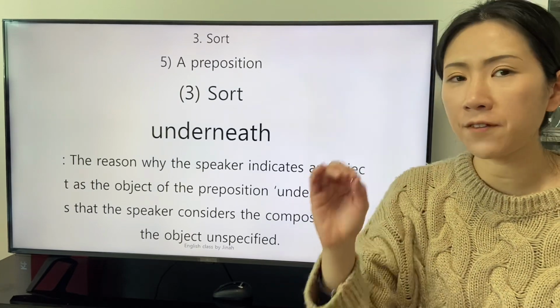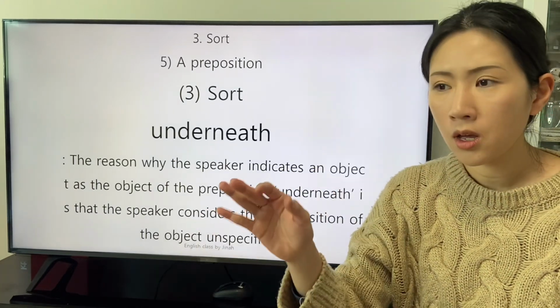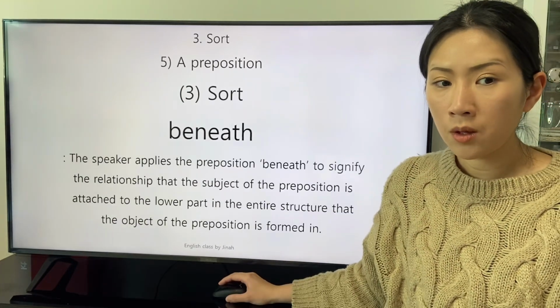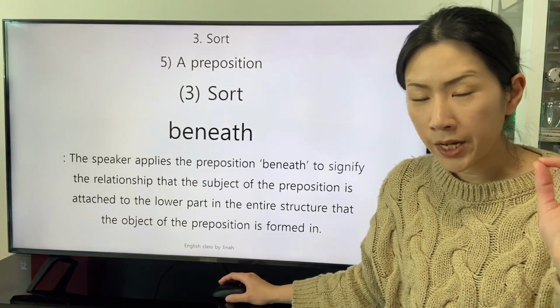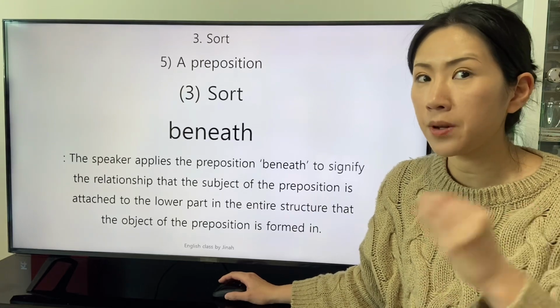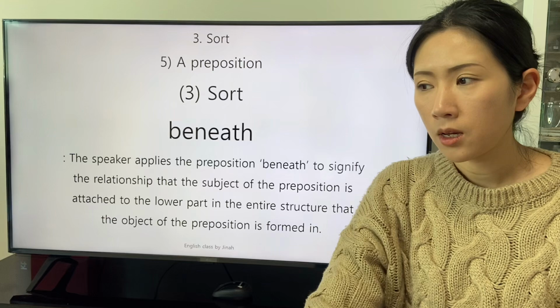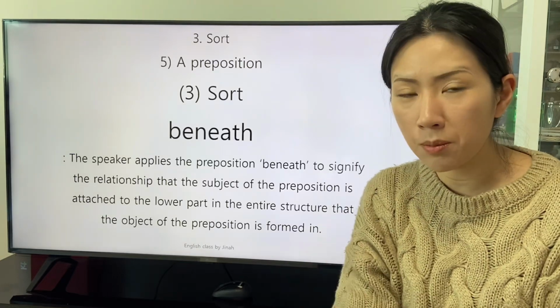So the object of the preposition underneath contains ambiguity. But the preposition beneath is applied on the premise that the object of the preposition beneath is in a recognizable structure.